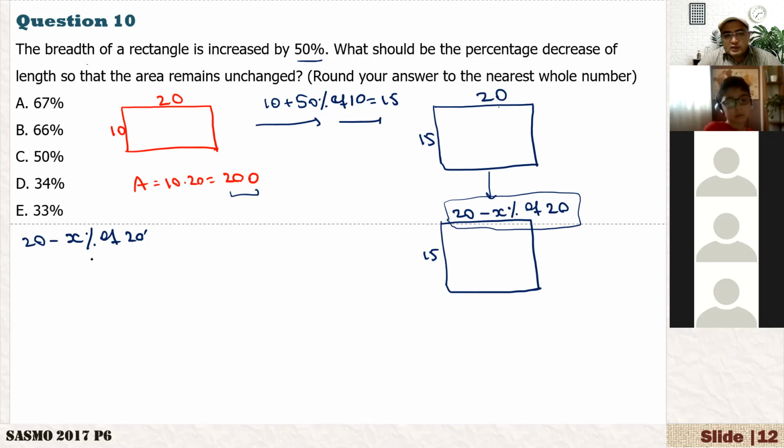Let's say you are a seller, selling a t-shirt. If I ask you, I would like to buy your t-shirt, can you give a 20% discount? How do you make a discount? 20 minus 20% of 20. So 20% of 20 is $4. So 20 minus 4, I can buy this for $16.